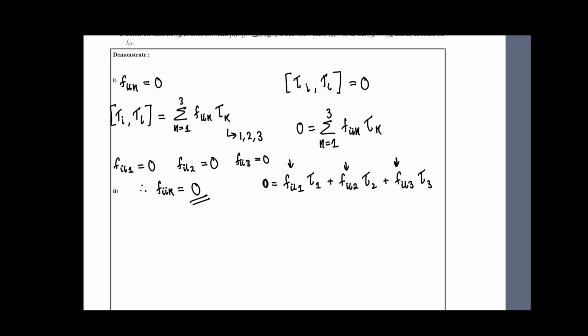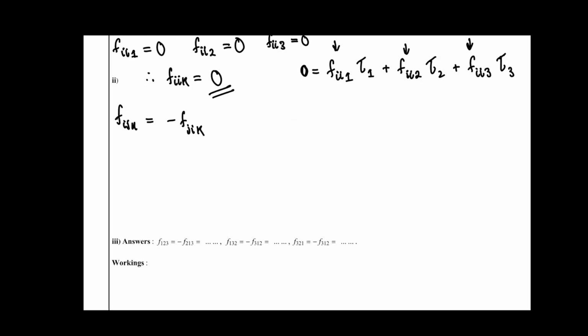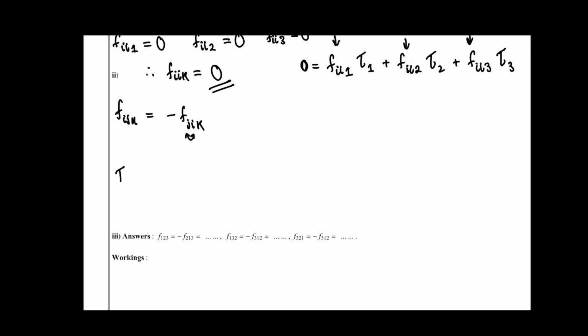For the next part of this question, we need to show that f_ijk is equal to the negative of f_jik. So hopefully you can see that they've swapped around i and j. So if we work out the commutator of tau i, tau j, that is going to be equal to tau i multiplied by tau j minus tau j multiplied by tau i.